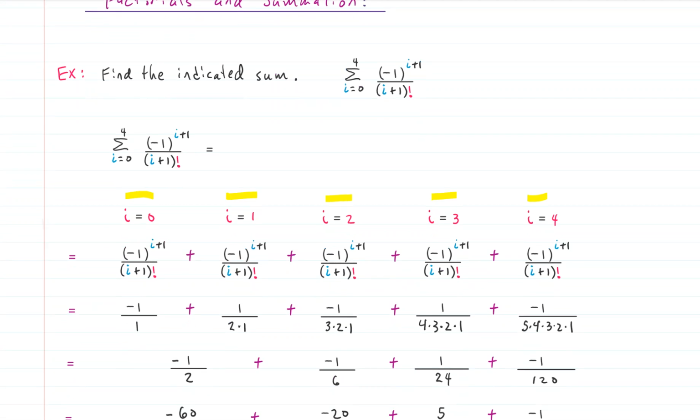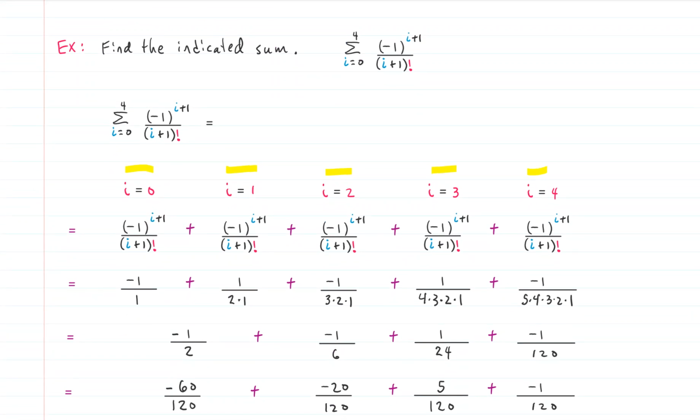First, all I'm going to do is replace the i with whatever it is in these 5 instances. So when i equals 0, I replace the i with 0.